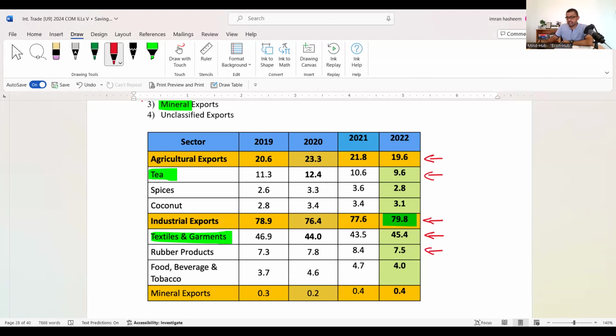Then mineral exports contribution is less than 1% or less than half a percent, 0.4. So that is something you can just keep in mind. So this is a basic analysis you have to do on the export composition of Sri Lanka. So we will analyze this a bit more, but the basic idea you guys are clear.